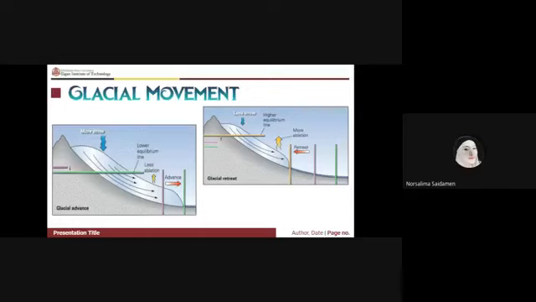When accumulation is less than ablation, the glacial ice retreats upslope. Can you follow? So if accumulation is greater than ablation, the glacial ice advances. However, if the accumulation is less than the ablation, the glacial ice retreats upslope.